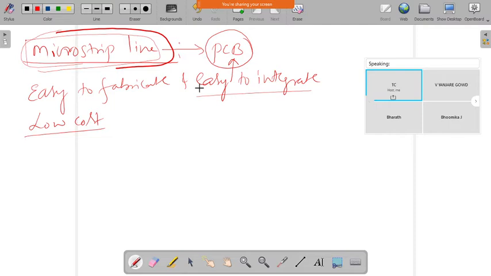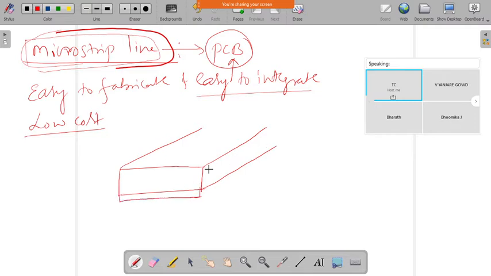Then how does the structure look? I'll draw the structure of how exactly it will be. Okay, so this is the microstrip line.